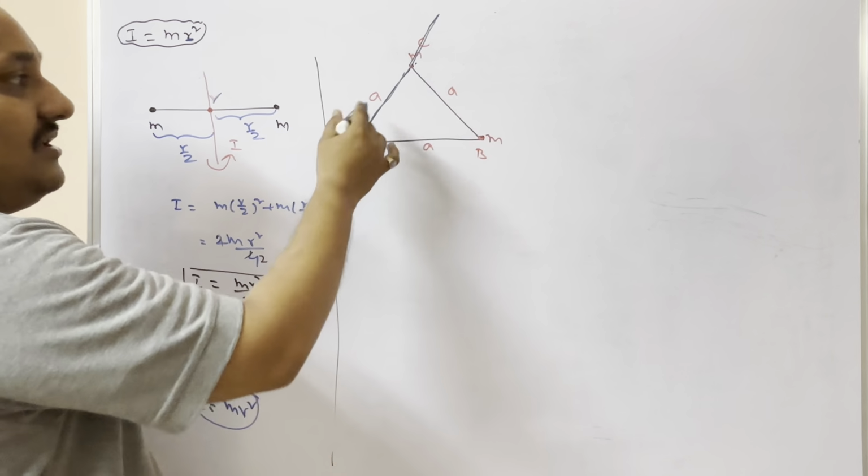That is going to be 3 by 4 m a square. Understood? Next, same question. Three mass particles arranged on an equilateral triangle A, B, C. So, what is the moment of inertia about this axis?